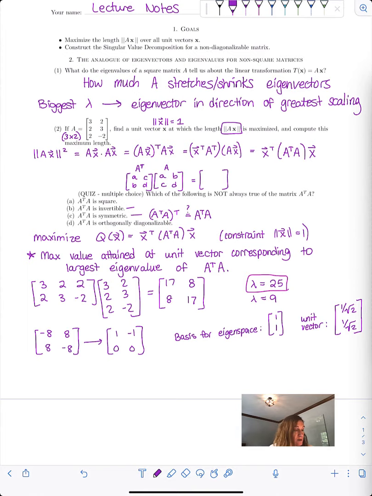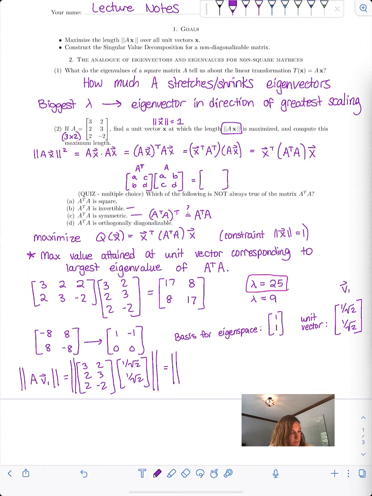Okay, and so then it also asks us to compute this maximum length. So we want the length of A times, let's call this vector V1. A here is 3, 2, 2, 3, 2, negative 2, and we're multiplying it by 1 over root 2, 1 over root 2, and then we want the length of that.